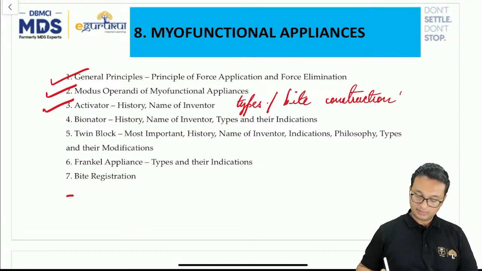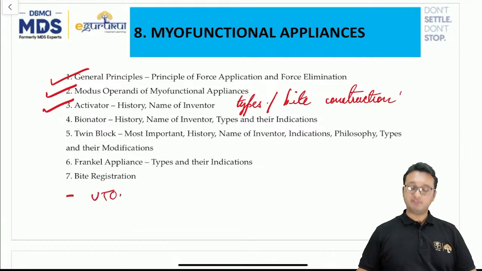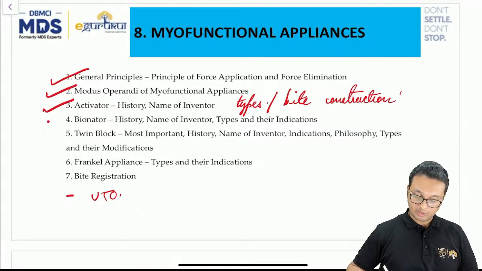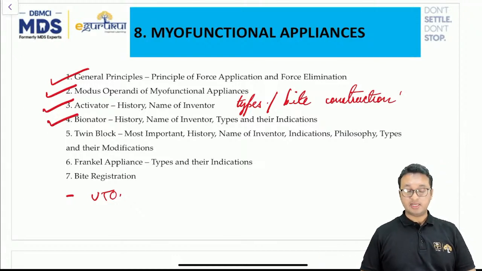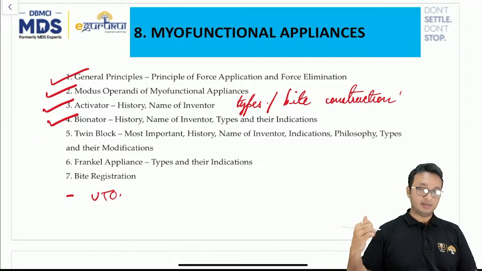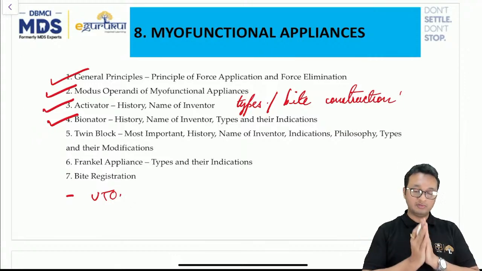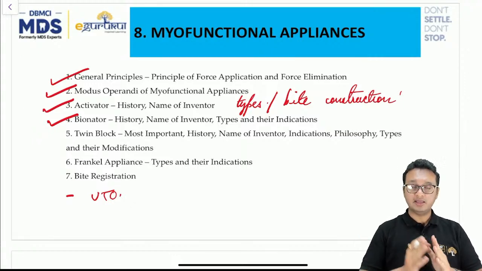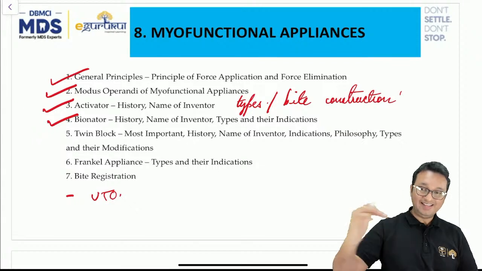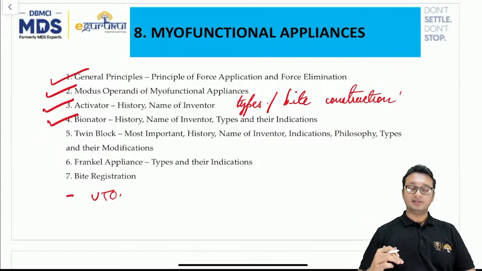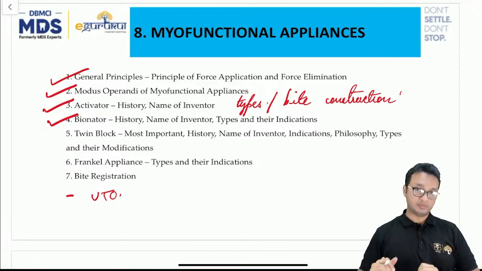Then comes VTO, the visualized treatment objective. Then talking about bionator, again history, the name of the inventor, types and the indications. Again, what is the modus operandi, how the tongue modulates, how the bionator helps in modulating the position of the tongue, which in turn modulates the development of class 3 or class 2 malocclusion. So it's concepts like that you have to remember.